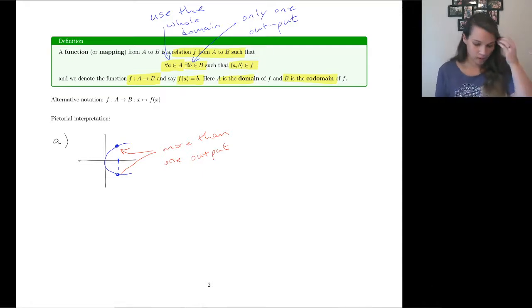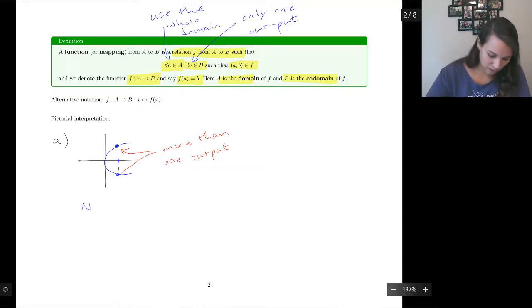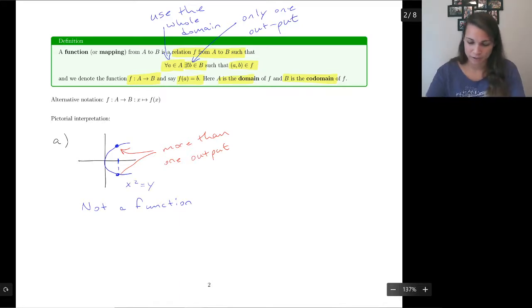This would not be a function. So this is x squared equals y, just in case you're wondering.